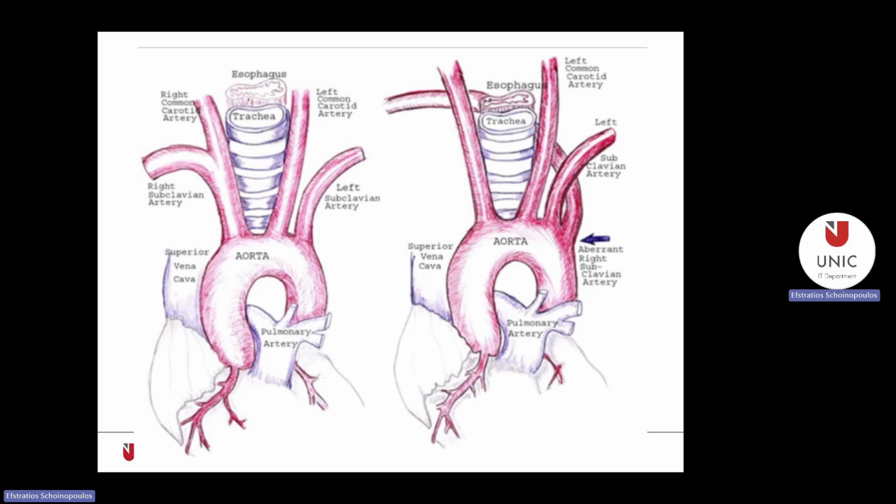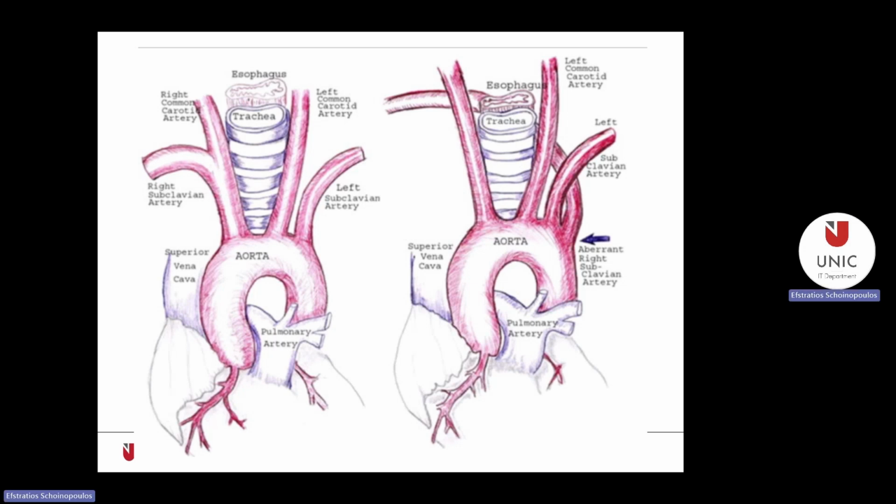This is the aberrant right subclavian artery, ARSA, which originates directly from the aorta as an independent branch, as a fourth branch, and then it runs either behind the esophagus or between the esophagus and the trachea or in front of the trachea, and then it moves towards the right arm.